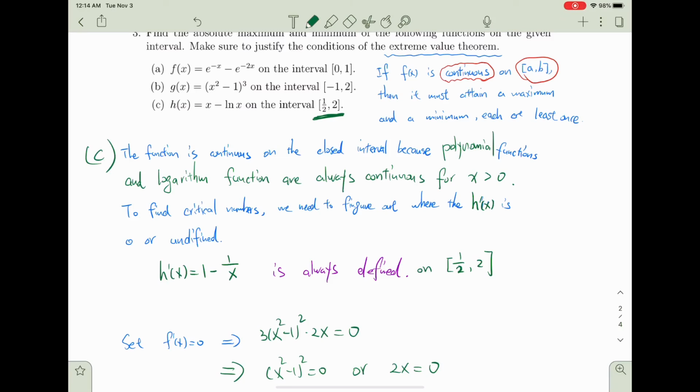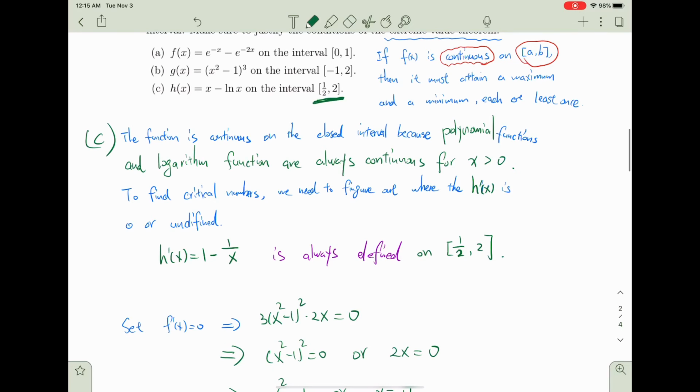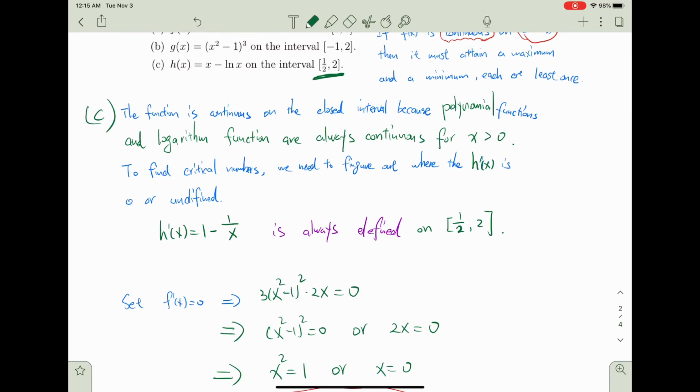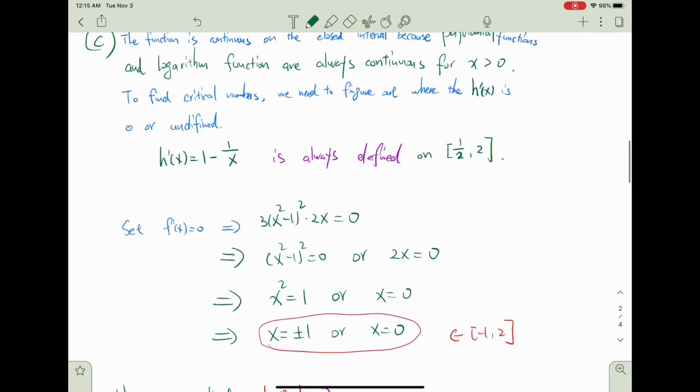We know that it's not defined at 0, but 0 is not inside this interval, so we don't care. We just need to make sure that this is defined on this interval. That is already enough, right? Which means that we only have the other type of the critical numbers. That's when the derivative equals 0. We don't have that type when the derivative does not exist.